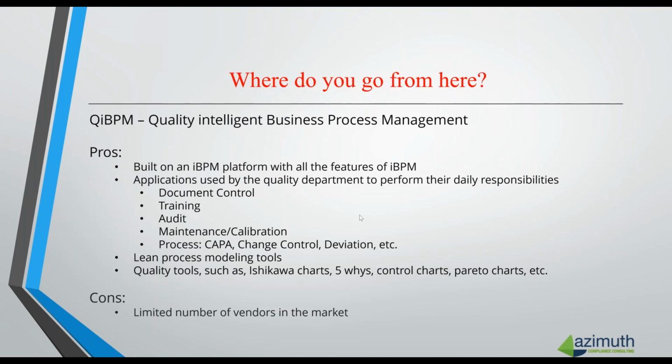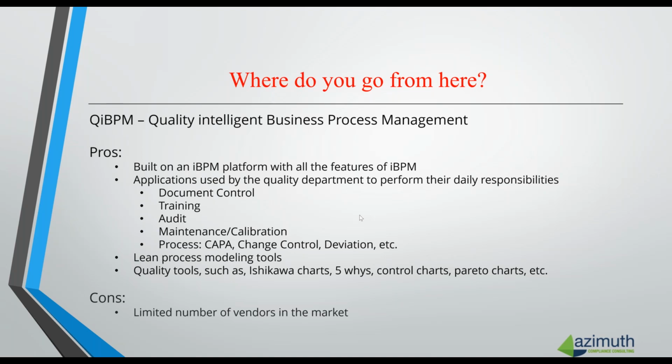Next, one more concept that you may never have heard about, what is called quality intelligent business process management. What is this? It has all the capabilities of an IBPM platform, or low-code, no-code platform, but it adds all the quality features that companies are looking for, like document control, training, audit, maintenance and calibration, and process components like CAPA, change control, deviation, etc. It has what we call lean process modeling tools.